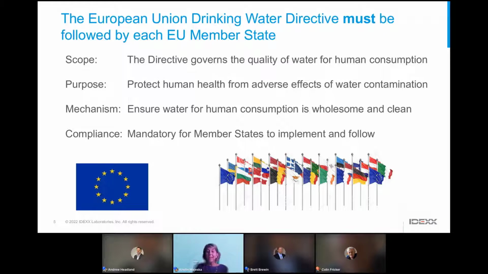This directive is mandatory. It must be followed by all 27 member states. And note here that member state is just another way of saying a country which belongs to the European Union. And I'll be using both terms interchangeably throughout the presentation.